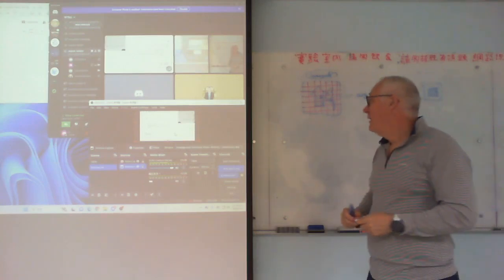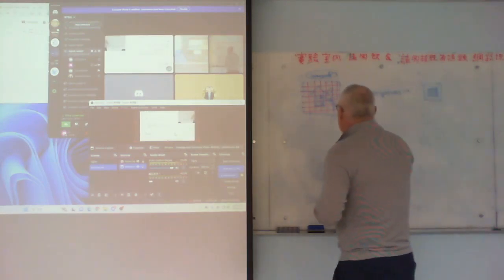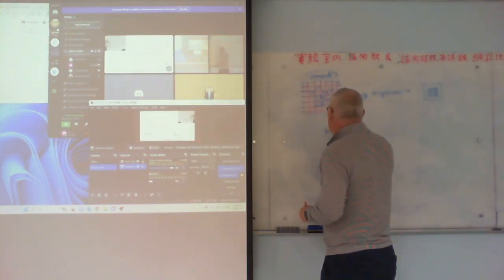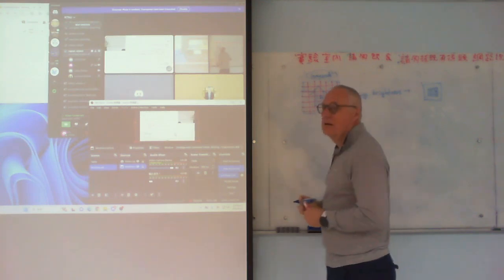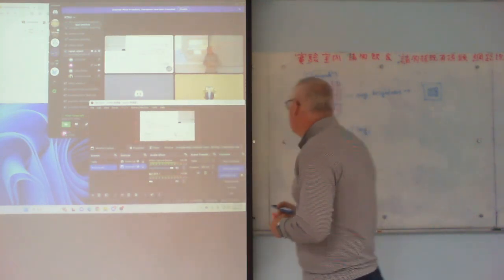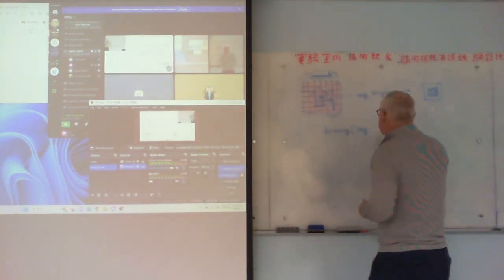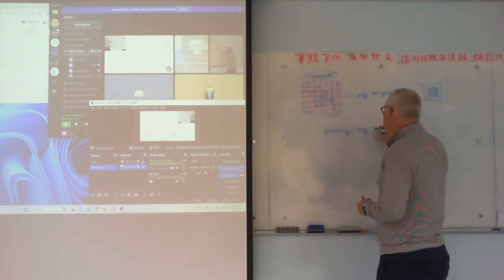Now, in order to implement that binning function, you need to have an image. Then you need to have the size of the grid.